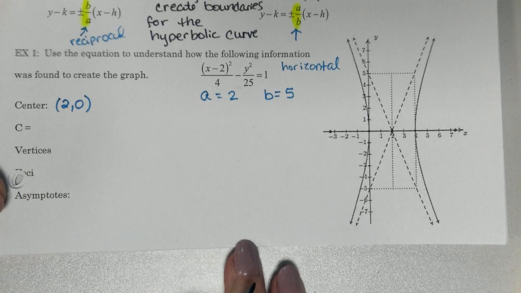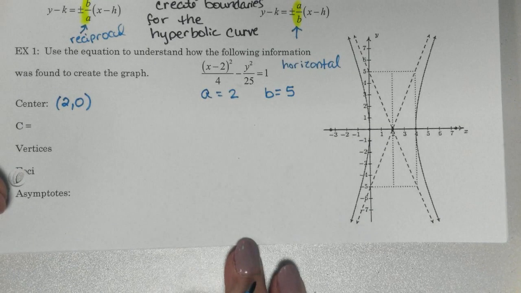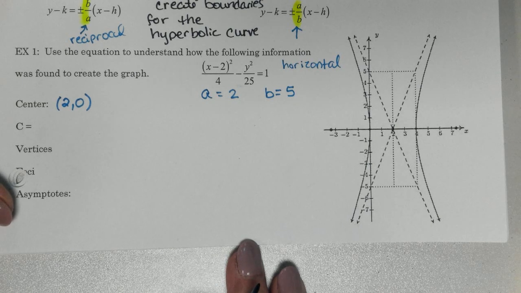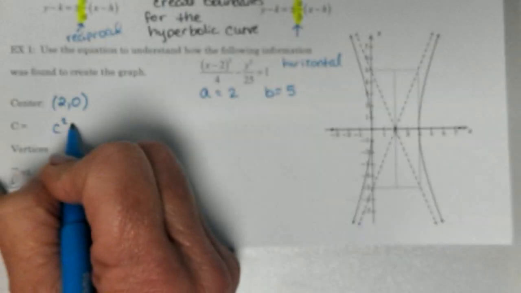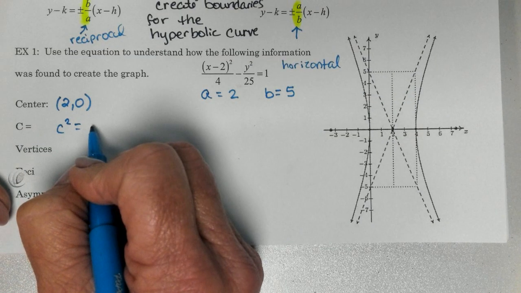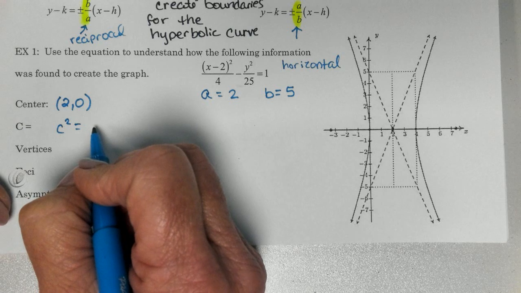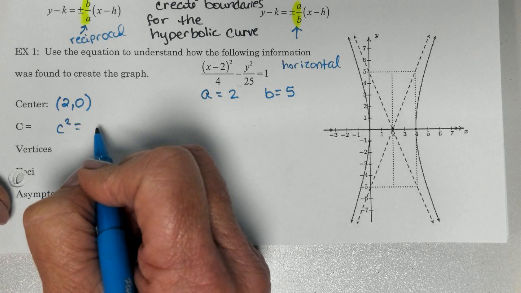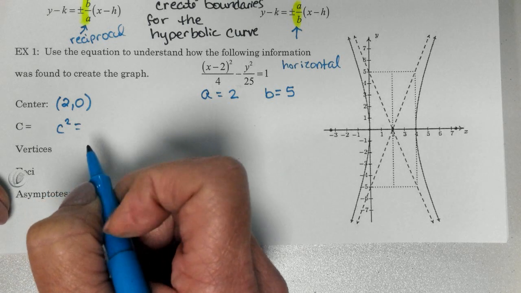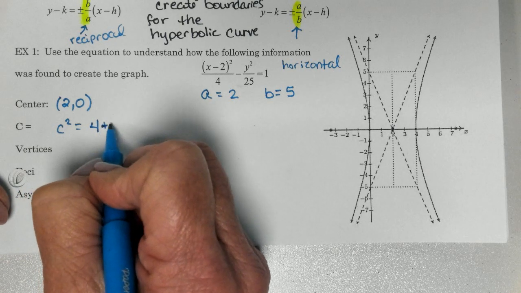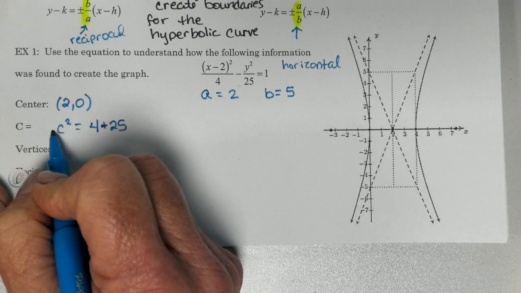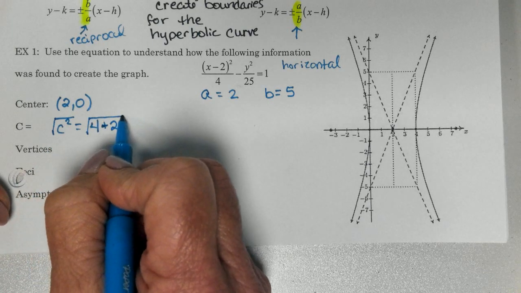Okay. Now, to find the value of C, what is your formula? C squared equals A squared plus B squared. So what is our A squared? 4. What is our B squared? Okay, so it's 4 plus 25. We take the square root.